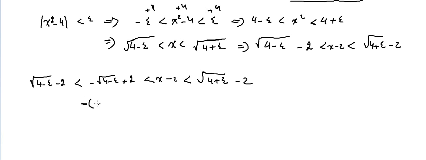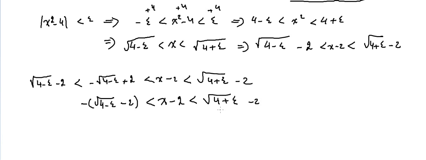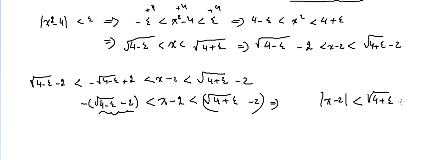Because it is negative. Factorize, take the negative outside. It gives me the negative, the opposite number of this. This value here is positive, the same as this value multiplied by minus, which gives me that the absolute value of x minus 2 is less than radical 4 plus epsilon minus 2, which is simply a positive value.